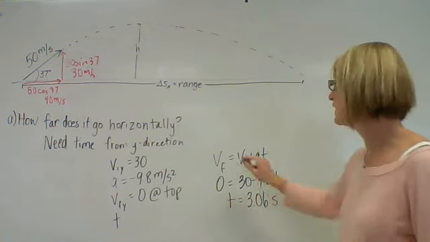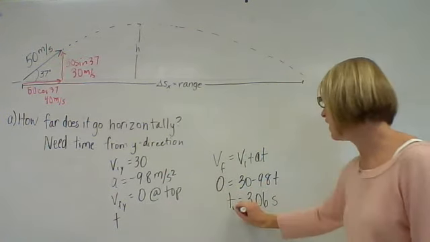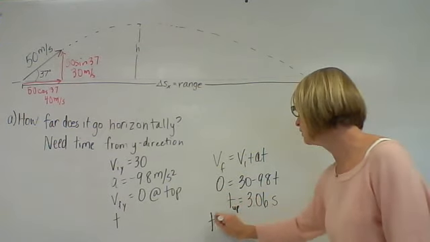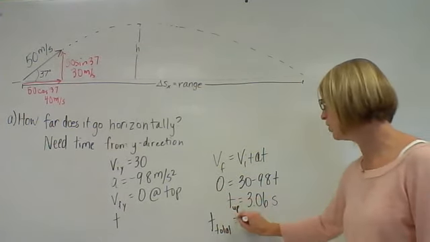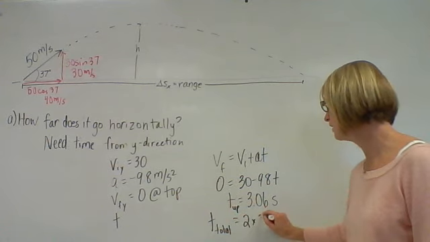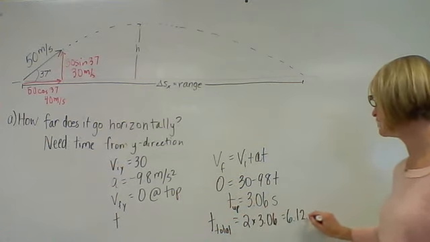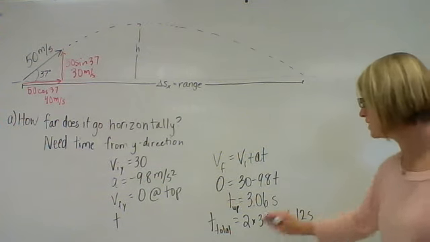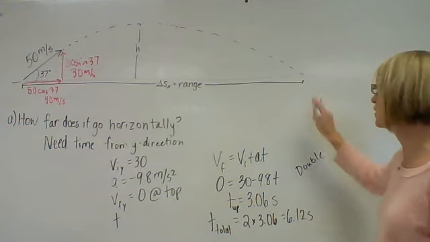But that's only t up, because I was, again, only going to the top. So that's t up. T total, and this is where you have to be careful, you just can't forget this little step. T total is going to be double that, or 6.12 seconds. And note, the only reason you can double it is that it is returning to the same height.